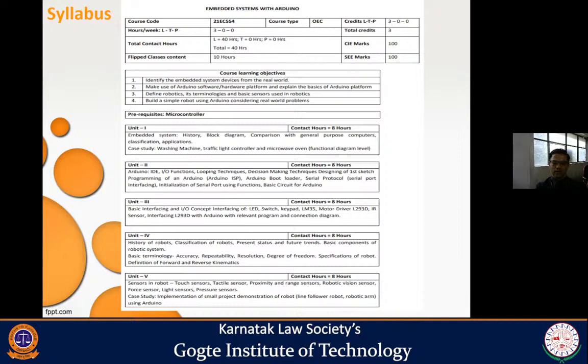And connecting with the robot, we will also see all the possible sensors like touch sensors, tactile sensors, proximity, range sensors, and vision sensors, so that we build the bots and the bot should be able to navigate automatically. This is the ultimate requirement at the end.